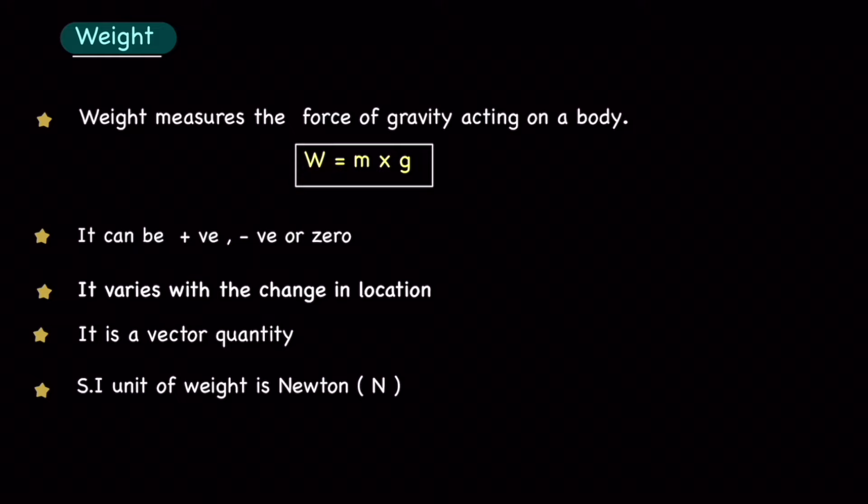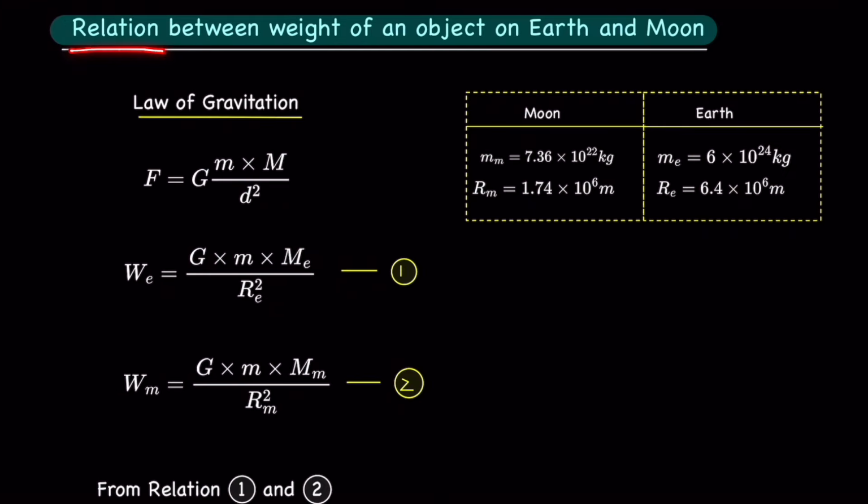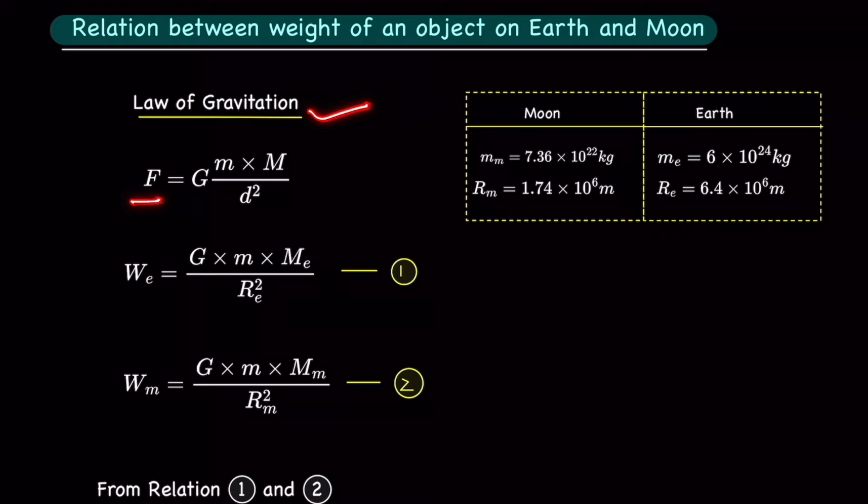So now we have studied the difference between weight and mass. Now we will derive the relation of the weight on earth and on the moon. In the relation between the weight of an object on earth and moon, we know that the law of gravitation says that force is equal to capital G, small m, capital M by d square.